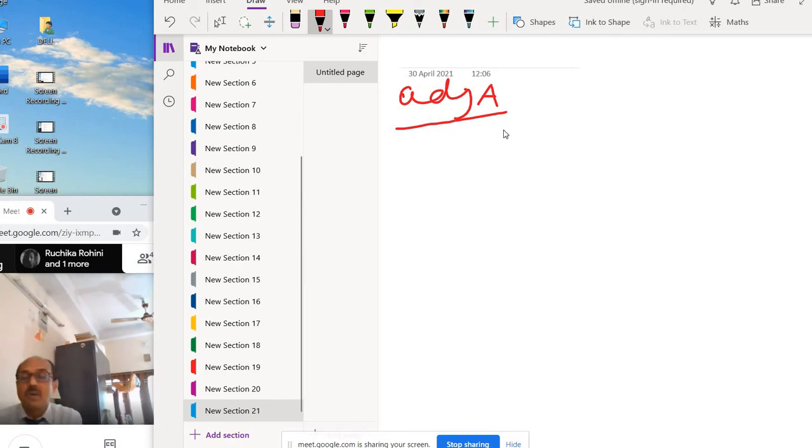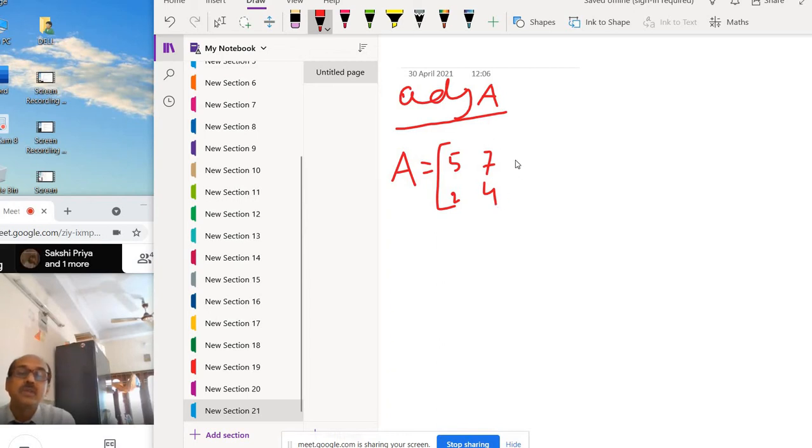Now, one example I am showing. Write down one determinant of 2 into 2 order. A is any matrix, capital A, equal to 5, 7, 2, 4.